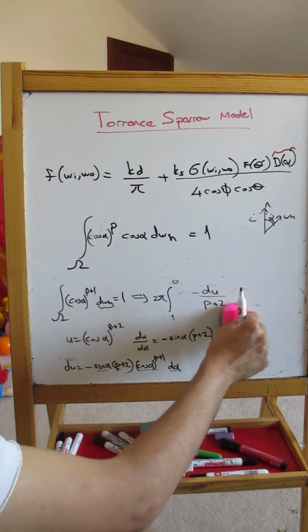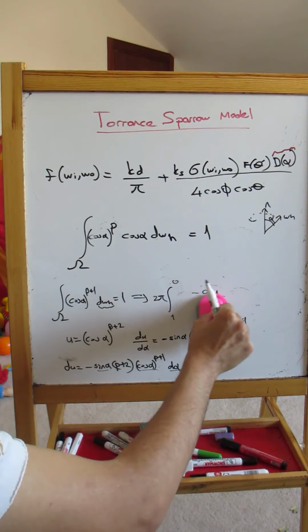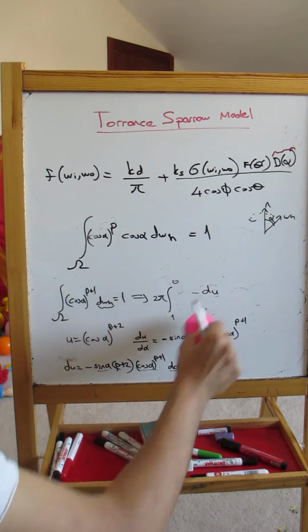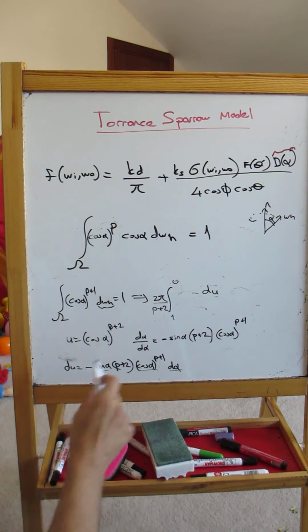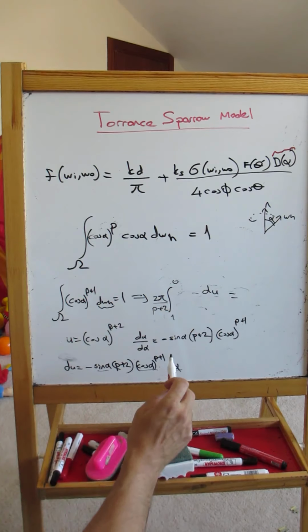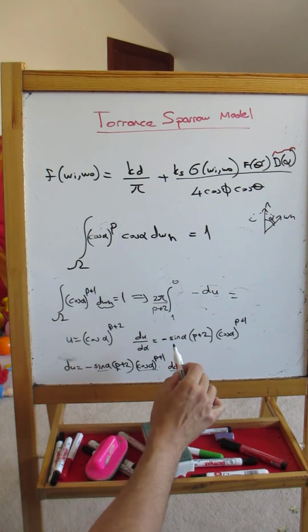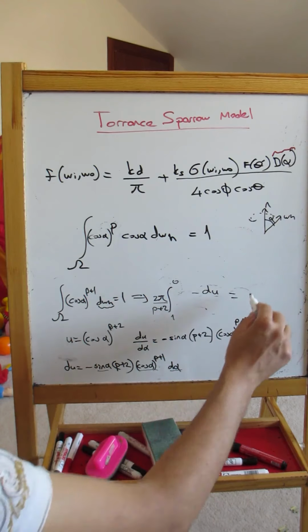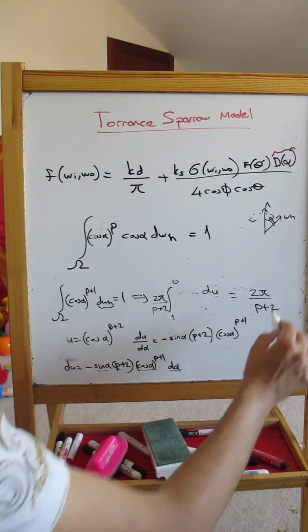So p plus 2 is constant, so it goes to here. Okay, now if we carry out this integration, so we will do these boundaries, and it's actually going to give us 2 pi divided by p plus 2.